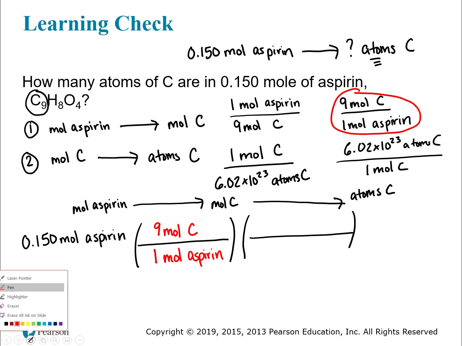Second part. We're trying to go from moles of carbon to atoms of carbon. Currently, moles of carbon is in the numerator. We need that in the denominator to get rid of it.